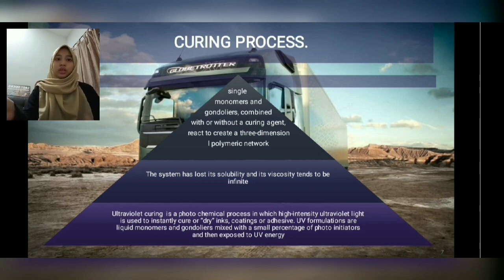UV curing is a photochemical process in which high-intensity ultraviolet light is used to instantly cure or dry inks, coatings or adhesives. UV formulations are liquid monomers and oligomers mixed with a small percentage of photoinitiators and then exposed to UV energy.